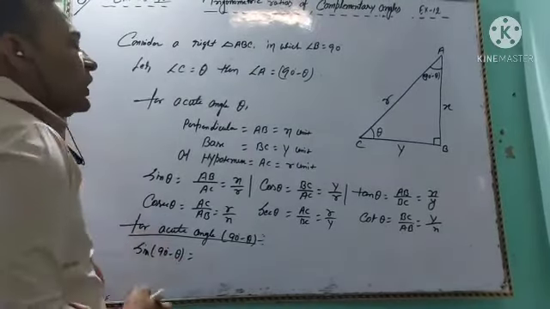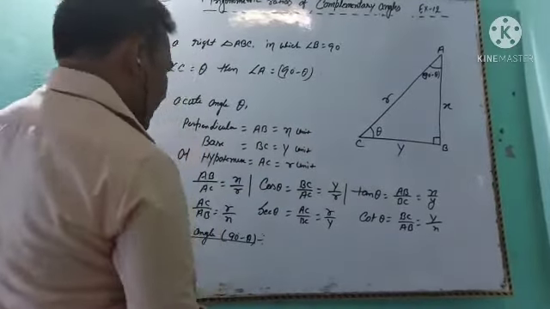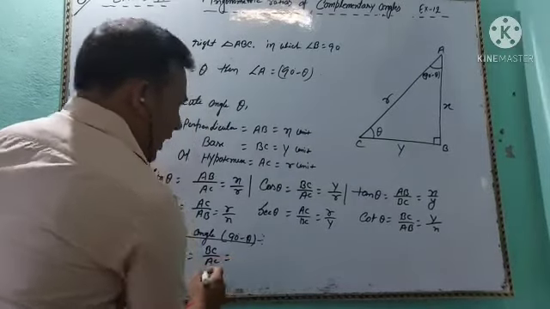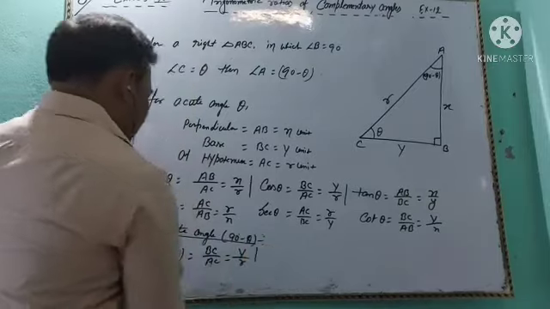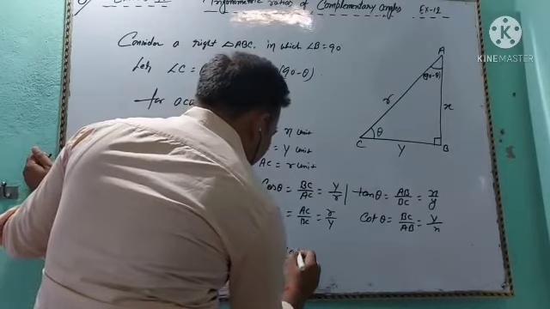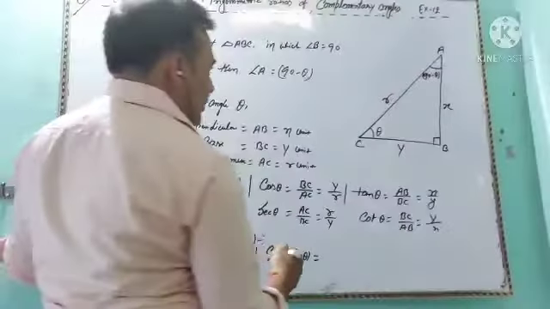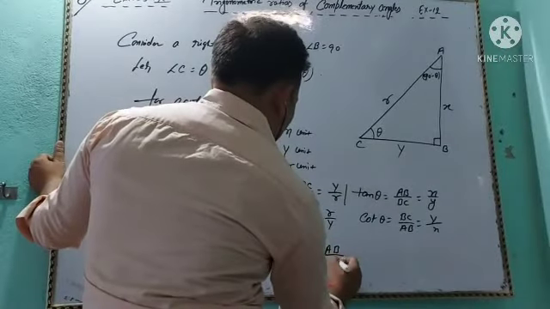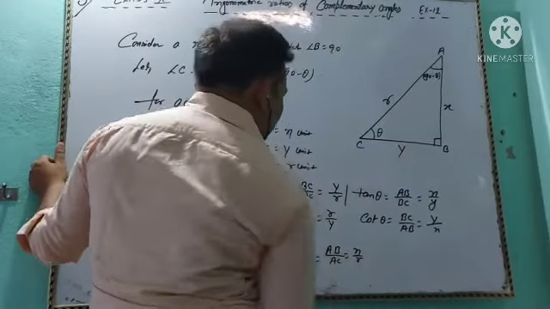sin(90° − θ) is perpendicular by hypotenuse, BC by AC, and BC is equal to y by r. And cos(90° − θ) is equal to base by hypotenuse, that is AB by AC, that is x by r.